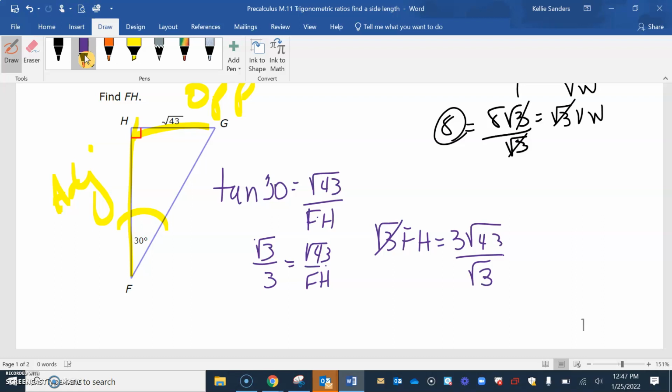And so, can't have square root on the bottom. So 43 times 3 is 129, over square root of 3 times square root of 3 is 3. Those 3's are canceled. So we're left with the square root of 129, because the square root of 129 does not simplify.